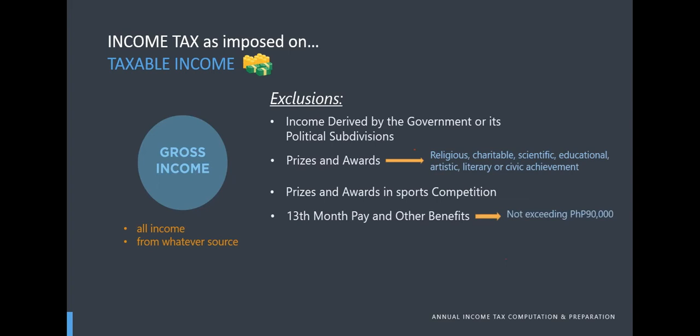Any amount exceeding the threshold of 90,000 is part of the gross taxable income. GSIS, SSS, Medicare, and other contributions, de minimis benefits. So these exclusions are gross income by nature. However, they are excluded from the computation of the gross taxable income of a taxpayer.